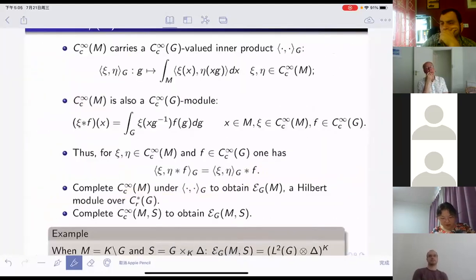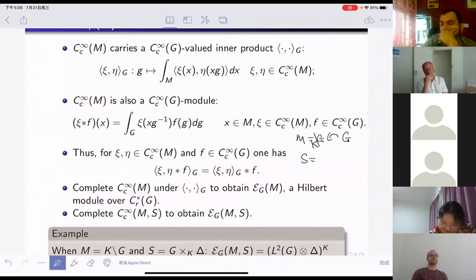Here I would like to only say one example, because this whole process is quite complicated. I want to give an example in the case we care about, the case when M is G/K and G is acting on this base on the right.